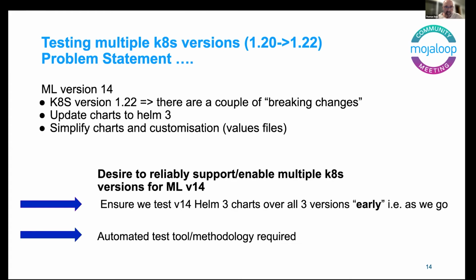And we want to have a tool in place so that we can test as we go, rather than try and get them working for 1.20, 1.21 and 1.22, only to develop against one of those releases and find out that we've got a lot of work to do on the charts that we've converted to get them to work for all three. So let's get a tool early to test all three versions, and let's make sure that it's actually automated.